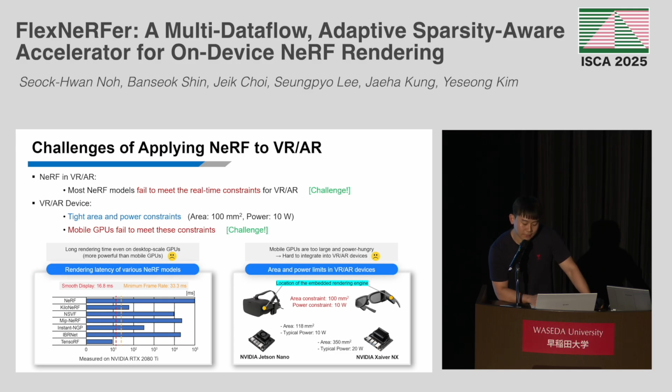Also, the chips have to fit inside a very small form factor, right? For example, according to AR glass specifications provided by Texas Instruments, some high-end AR glasses require the chip to fit just 10 square millimeters. In contrast, conventional GPUs that are used for rendering typically exceed both the area and power limits.